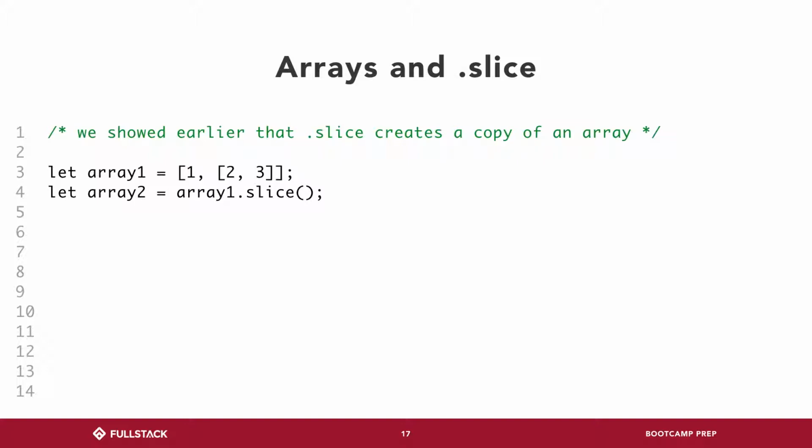So what slice does is it says, okay, I need to make a new array. And so this is going to be memory address 3. And it says I need to take each value that's in here and bring it down. So we take this 1. And what happens over here?